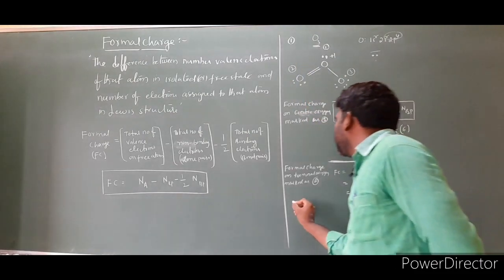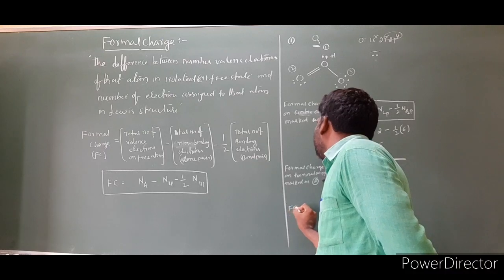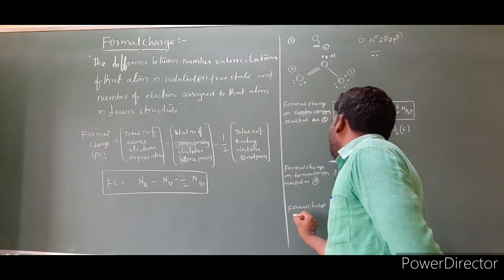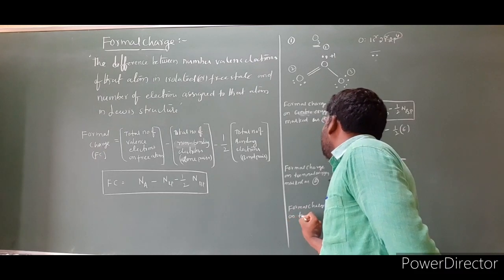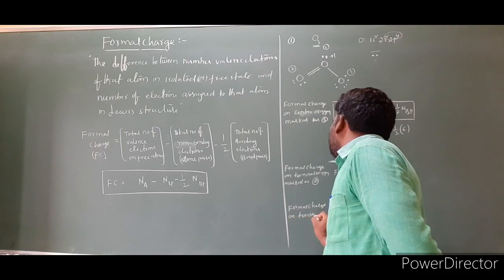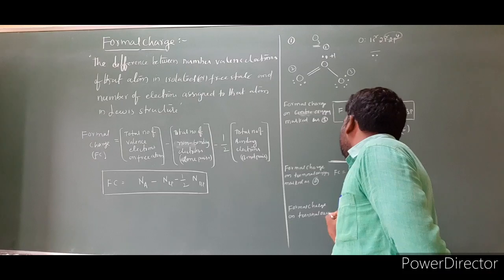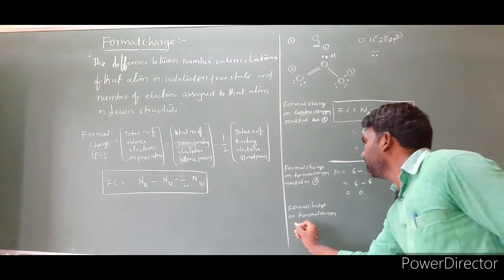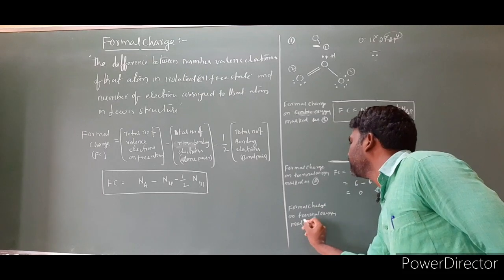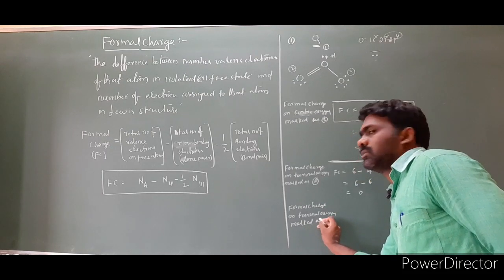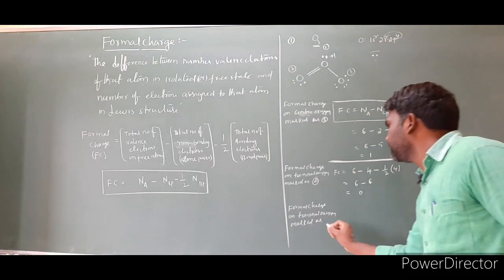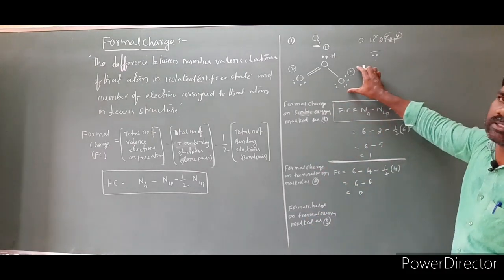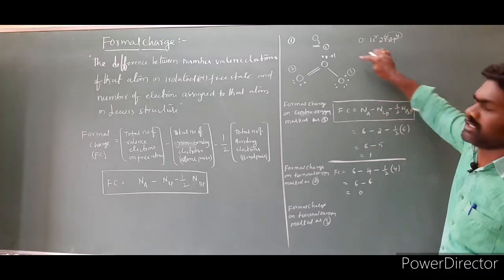Next, the third one is the formal charge on the terminal oxygen marked as 3. That means we have to calculate the formal charge on this oxygen atom.